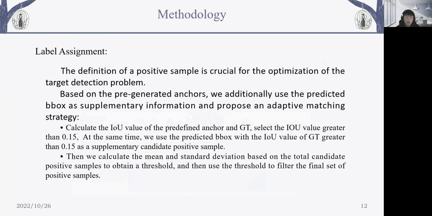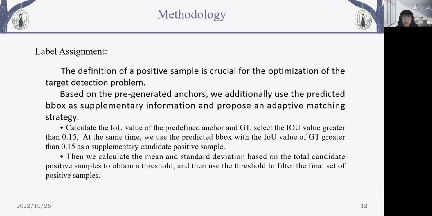Okay, here's an acknowledgement for our head section on label assignment, and now a brief explanation. The definition of positive samples is critical for the optimization of the target detection problem.